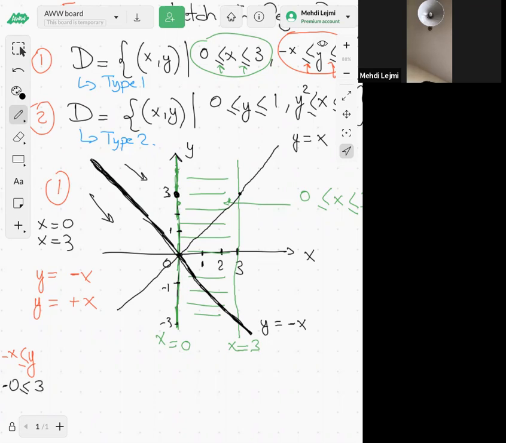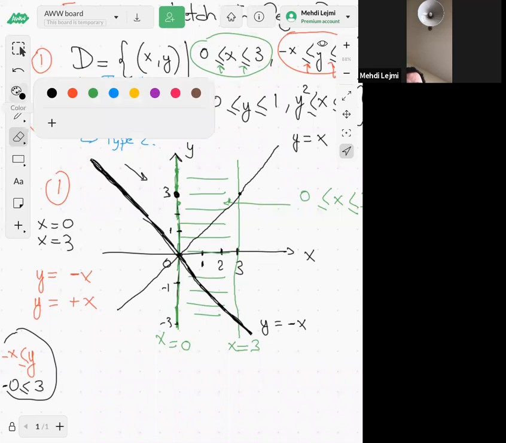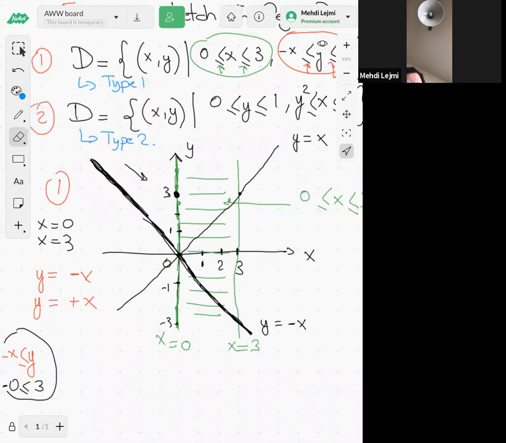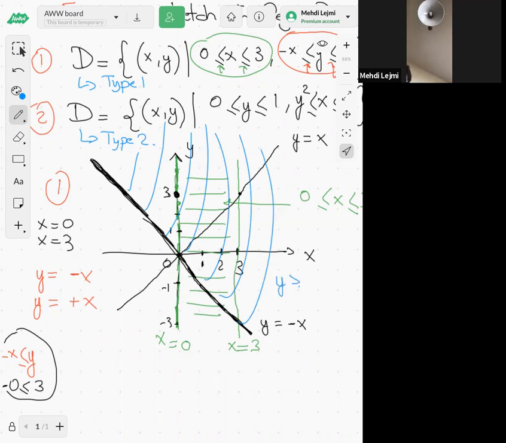So the inequality is satisfied, and y larger than negative x is this side here.